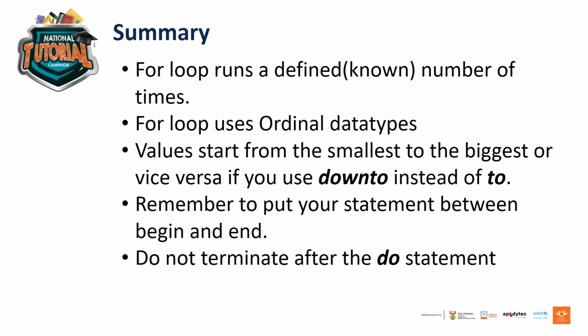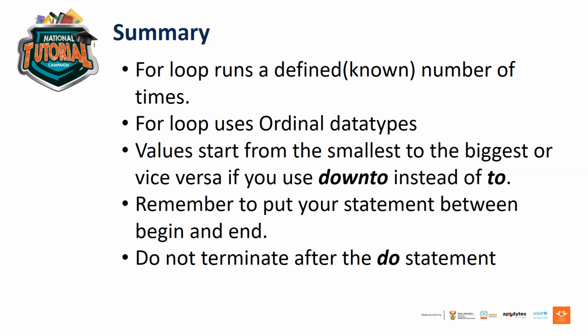But just to summarize what we have done now, the for loops run a defined or known number of times. A for loop uses ordinal data types. Ordinal means there is a sequence. Values start from the smallest to the biggest, or vice versa.